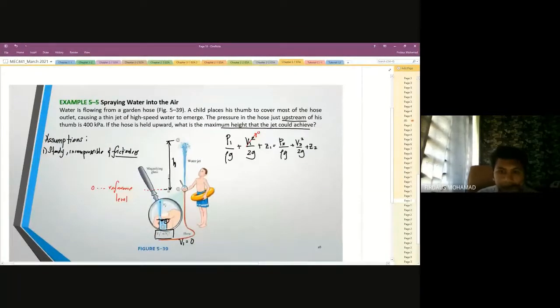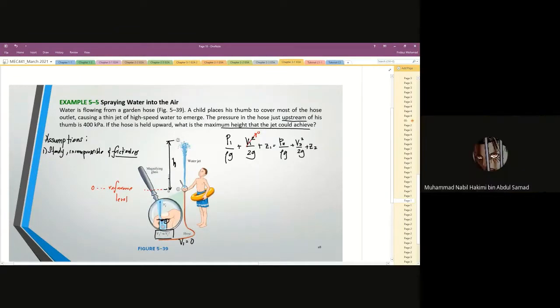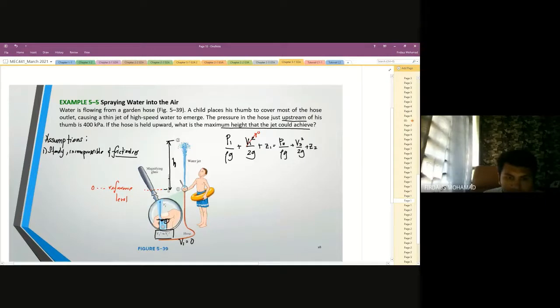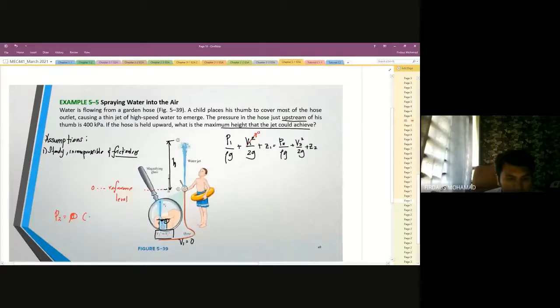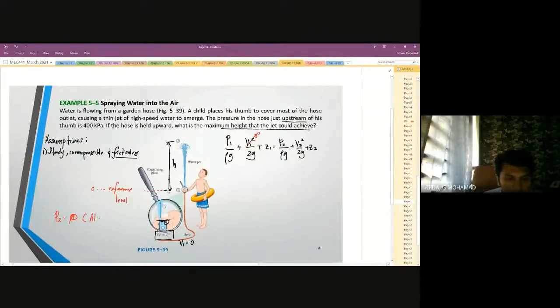Okay, and then P2 pressure tu ada pressure tak P2? Tak ada. Sebab apa? Kosong sebab exposed to the atmosphere.